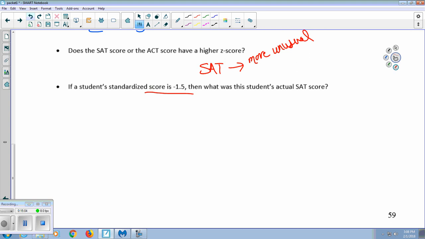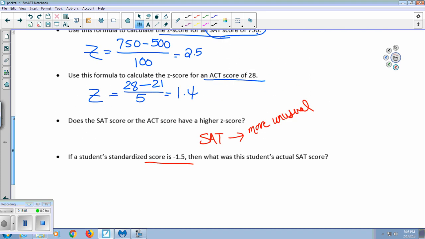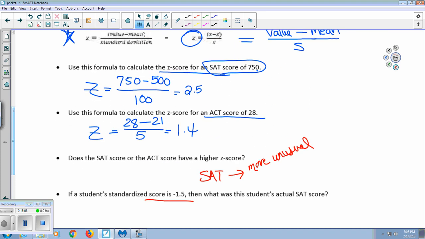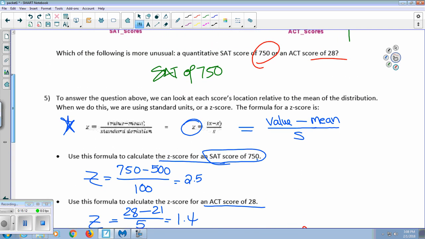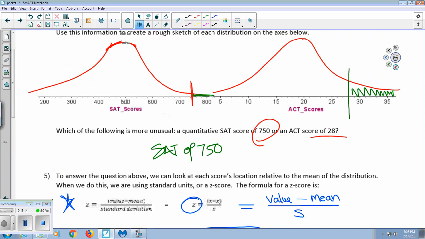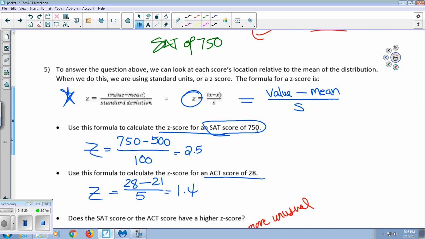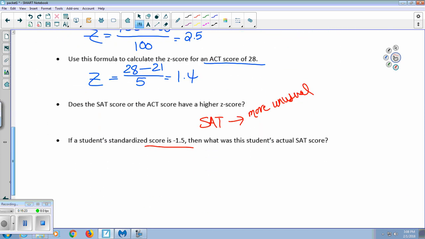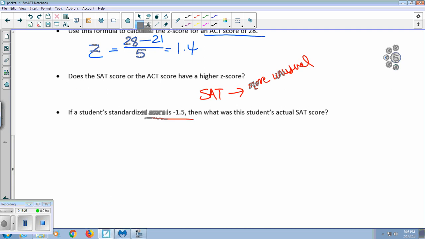The two z-scores I've so far calculated were both positive, and the values that we looked at, because we'd already drawn them up on our graphs, were both greater than the mean. So if I'm being asked about a negative 1.5, I'm expecting the actual score on the SAT test is going to be less than the mean.